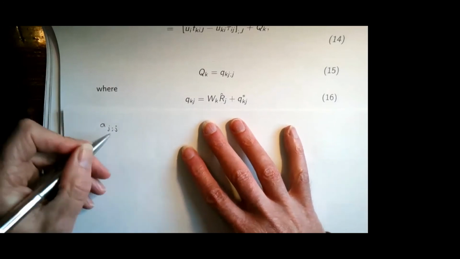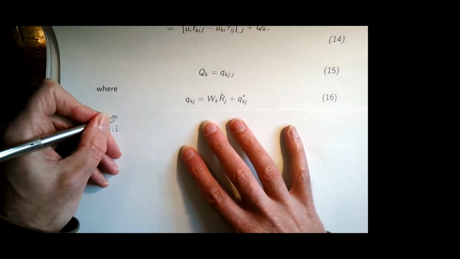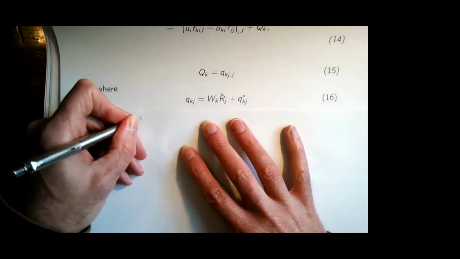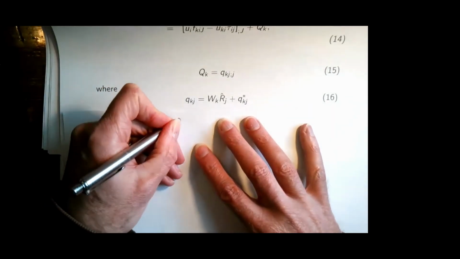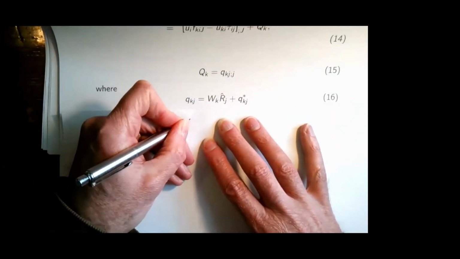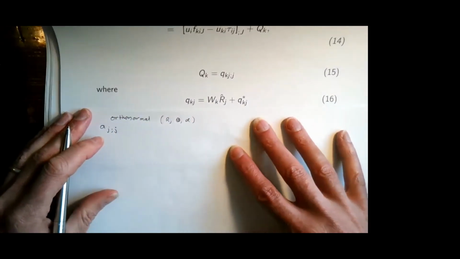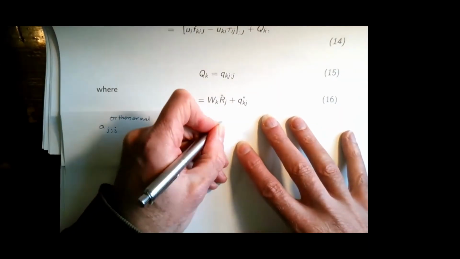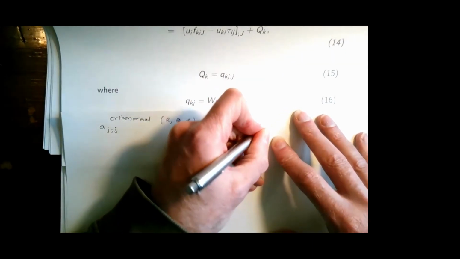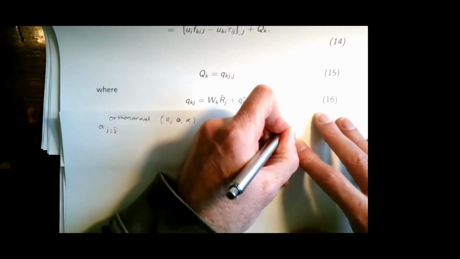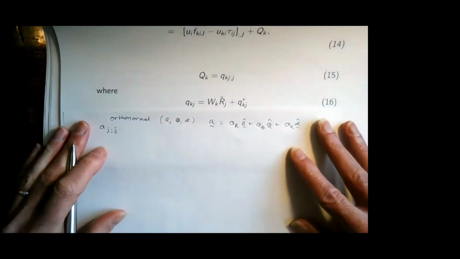That's a divergence, but if we're looking at it for some orthonormal coordinates, for example spherical, so you've got R, theta, and alpha, then your vector A is represented by AR in the unit vector R direction plus A theta in the unit vector theta direction plus A alpha in the unit vector alpha direction.